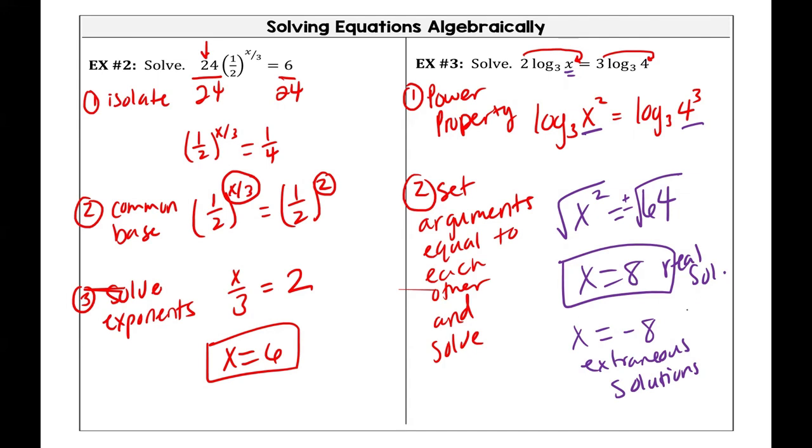Positive 8 is our real solution. Negative 8 is our extraneous solution. Extraneous. So it's an extra that can't be applied. It was said last year a little bit.